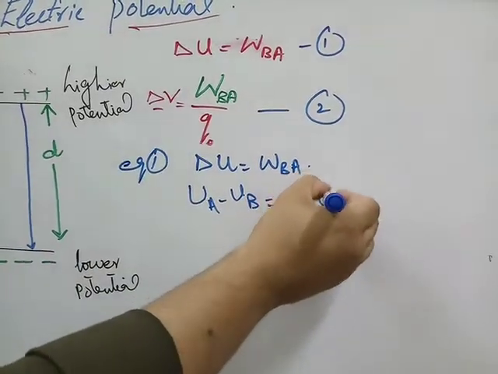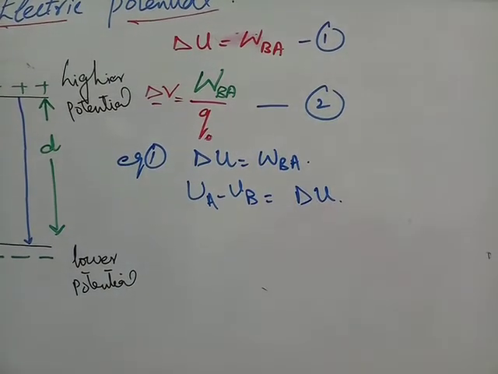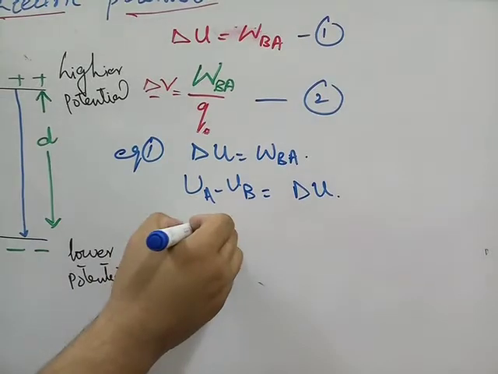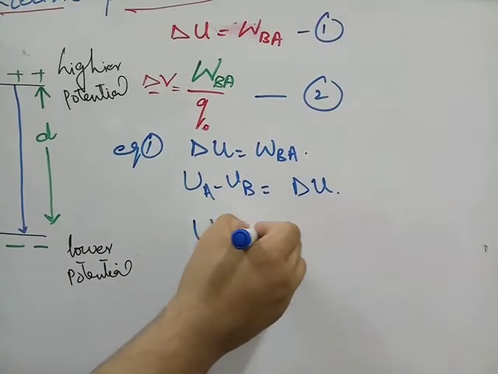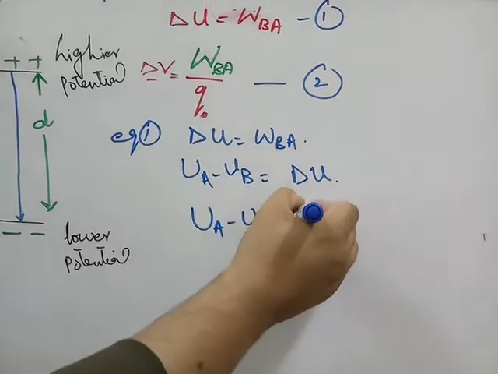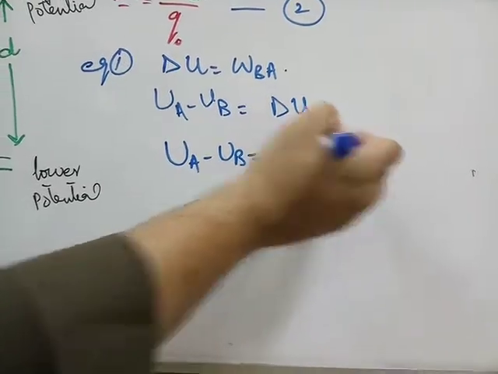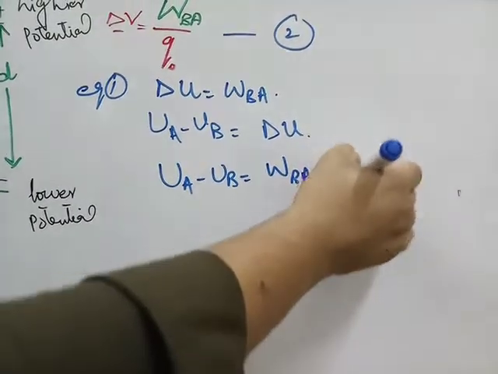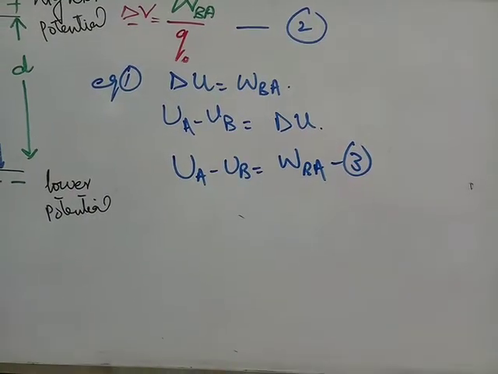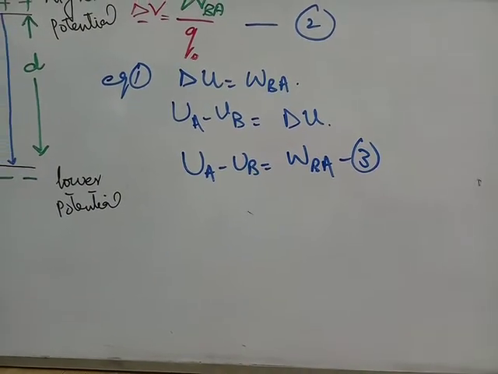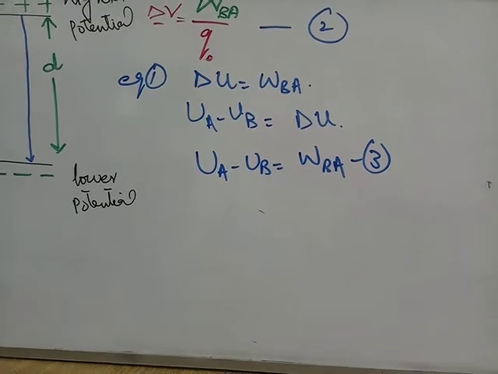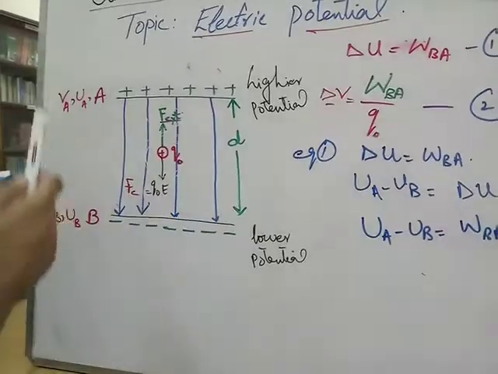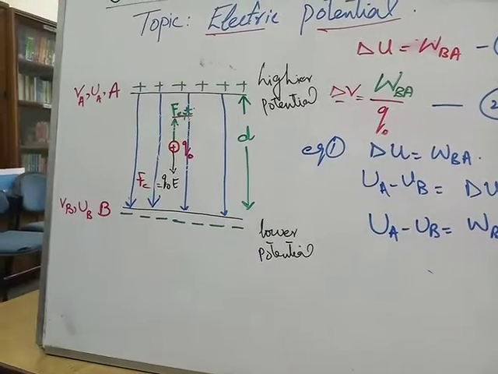So the difference between these two potential energies is delta U. So we can write equation 1 in the form of UA minus UB is equal to work done from B to A. We can say this is equation number 3. UA and UB represent the potential energies at point A and at point B.